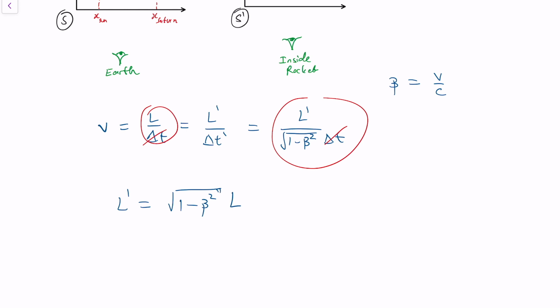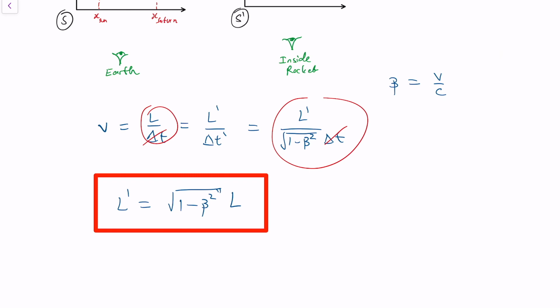Okay. Now this is very peculiar. Why is it very peculiar? The reason is that it is saying something very profound about space: the length measured by the S dashed frame will differ from the length measured by the S frame. In other words, the distance between two objects in one reference frame is not the same as the distance between two objects measured in the other reference frame, right?